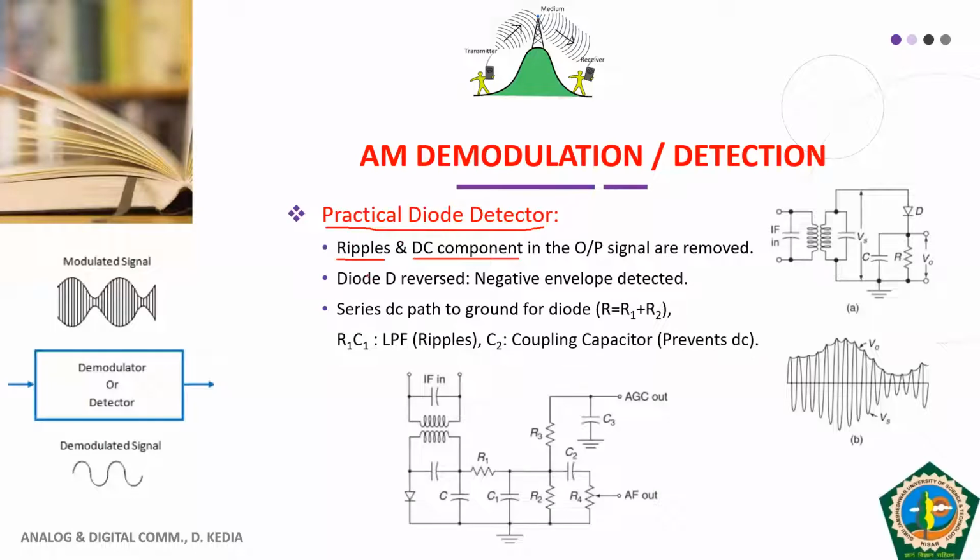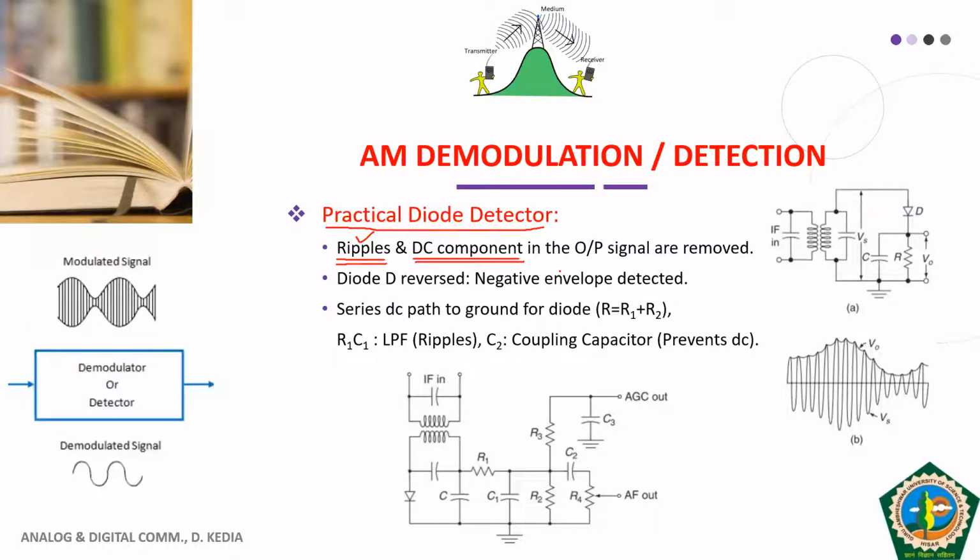Ripple means some variation in the signal, which means some high frequency component present. So obviously, by using a further filter, we can remove ripples. And as for the DC component, we know your capacitor blocks DC. So by using a capacitor appropriately, we can remove the DC component.